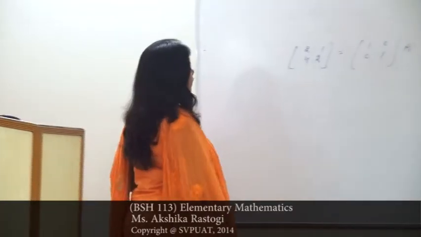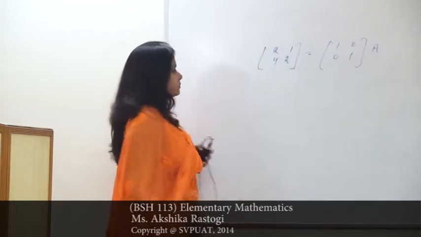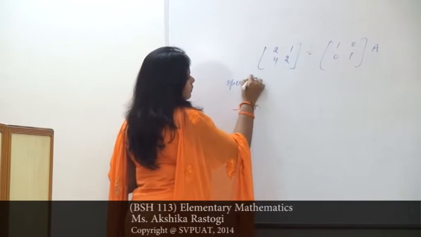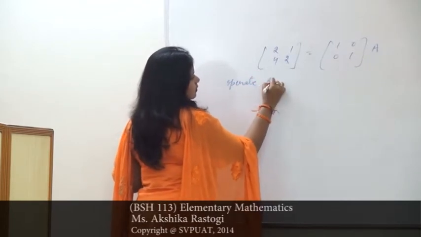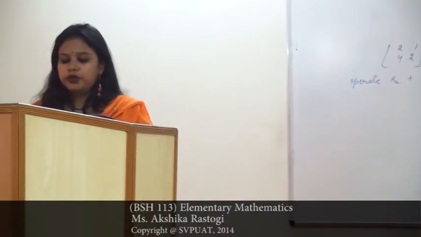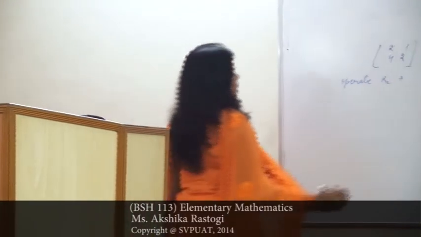First we operate on R2, that is R2 becomes R2 minus 2R1.